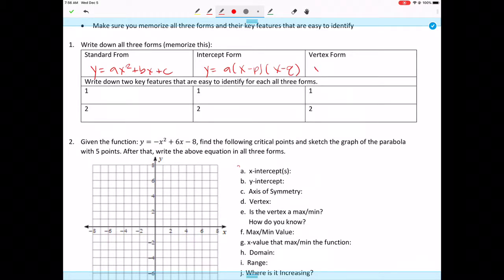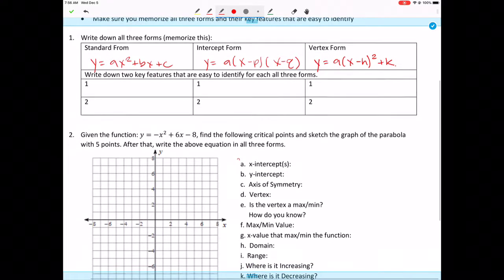And then there's vertex form, y equals a(x minus h) squared plus k. Once you have those, it's really important that you memorize these because it makes it a lot easier on the test not to have to worry about switching signs and things like that. Everything is just taken care of in the equation. And we'll go over that some more.